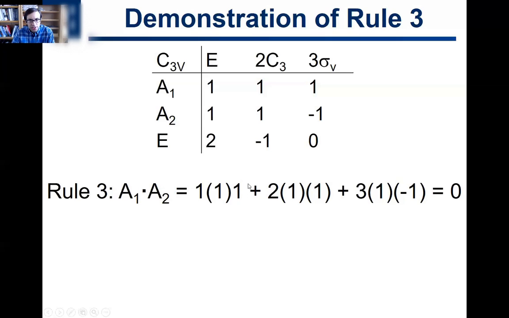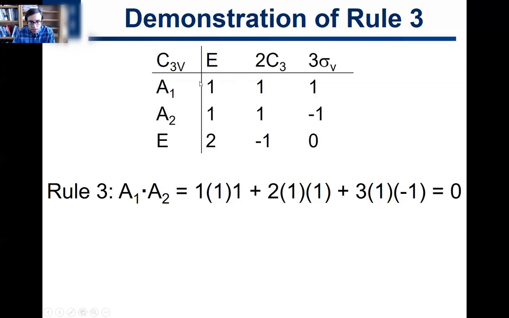But what the rule tells us is that we have to add in a factor multiplying for the number of symmetry elements. It kind of makes sense, right? Because here you have 3 symmetry elements. So it's like there's some weightedness to the reflection symmetry elements because there's 3 of them. It's like 50% of the space is sort of this sigma V space because 3 out of 6 of the symmetry operations are sigma V.